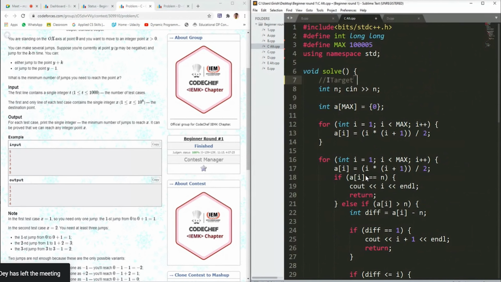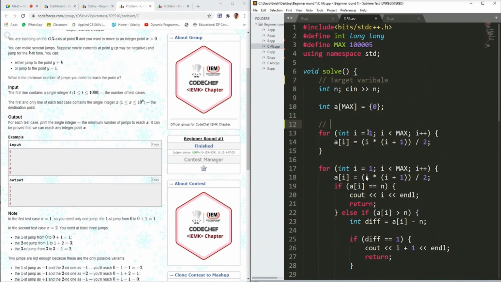Then I compute the sum. i into i plus 1 by 2 gives me the sum of the first i natural numbers. So I first pre-compute all the sums. This for loop will pre-compute all the sums.